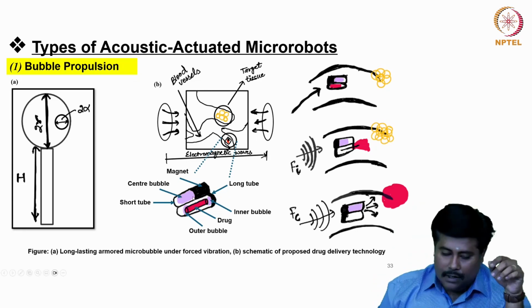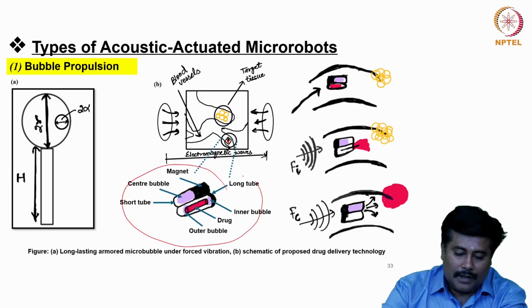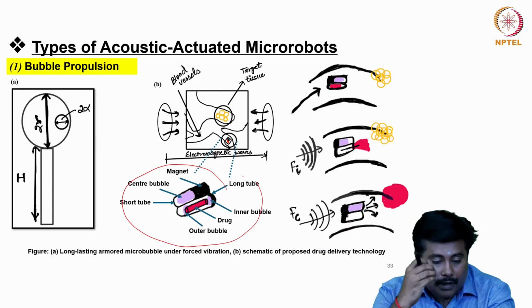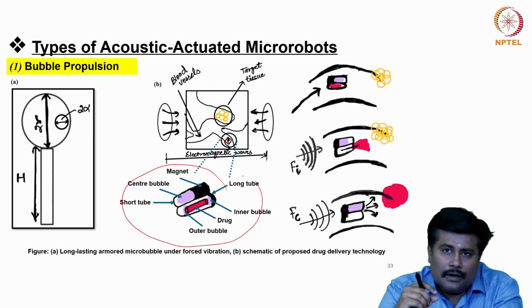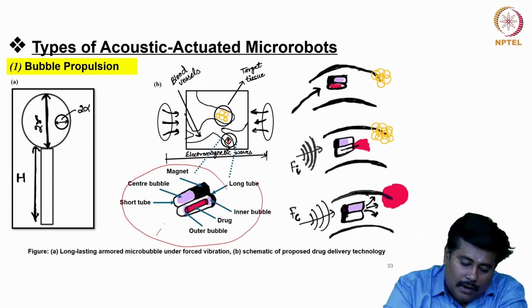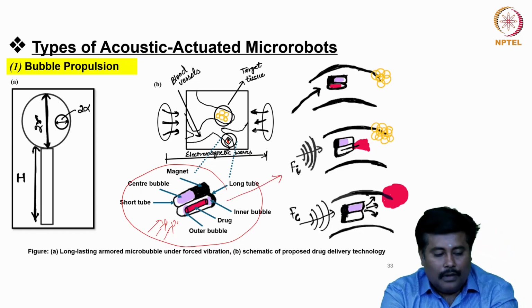Let us consider the floating object as a tube or capsule kind of structure where a drug is kept. In this capsule, by inducing a bubble in this particular direction, we can have a manipulation.